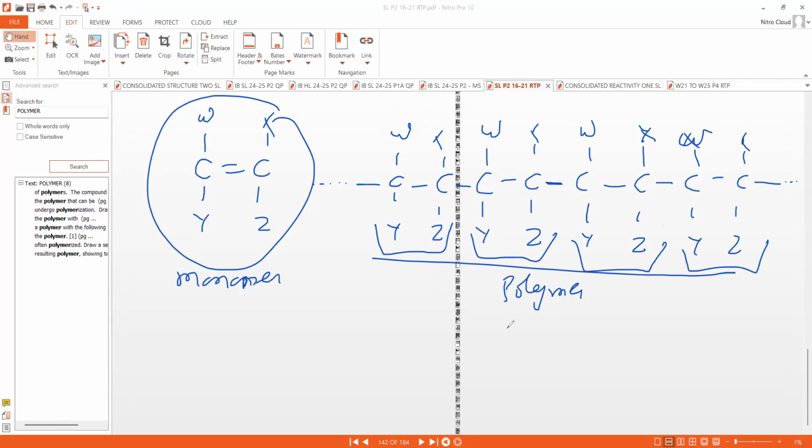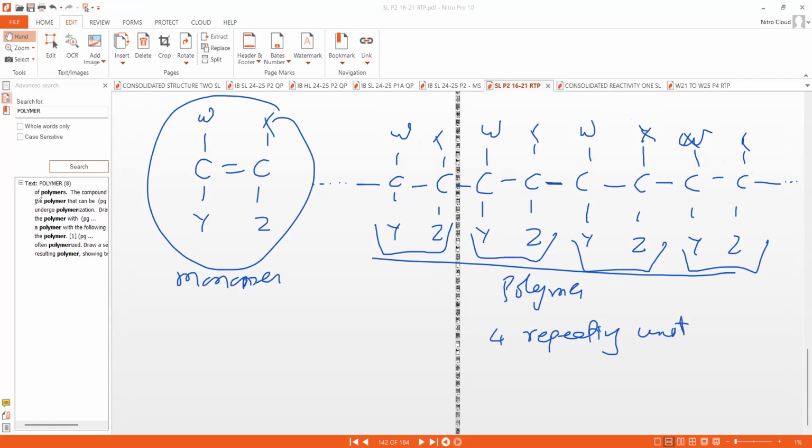So I can say that this polymer structure is showing four repeating units. One repeating unit will include the atoms of one molecule of monomer. So here I have four molecules of monomer, so it's four repeating units, but the molecule doesn't end here. As I said, it goes on and on to the left and to the right.